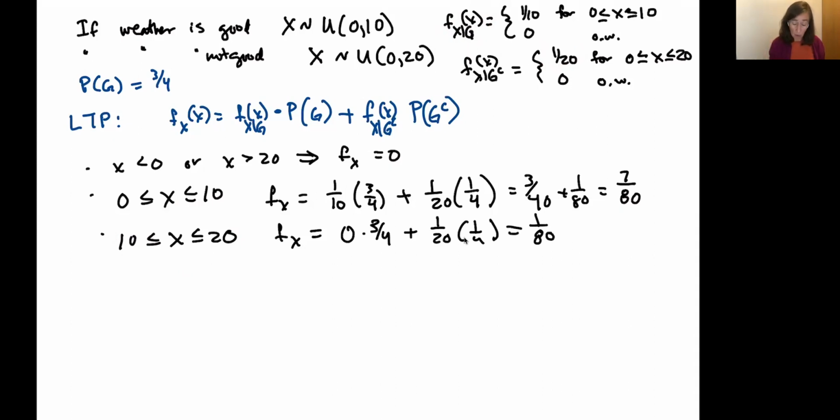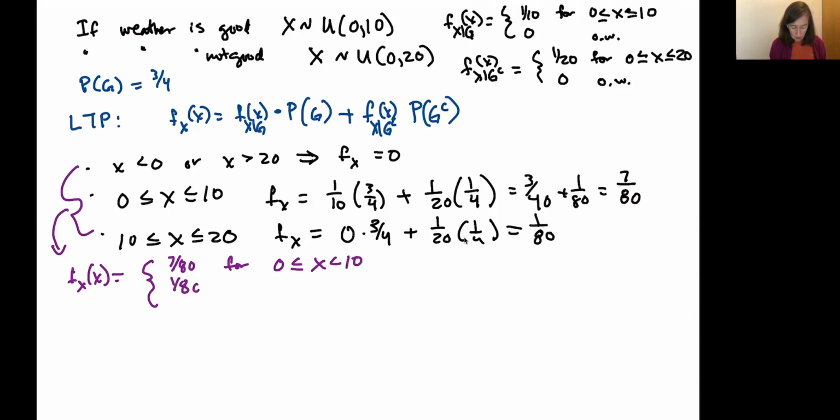Writing it the more normal way here, switching colors, my unconditional PDF, just summarizing what I just did, is 7/80 for X between 0 and 10, 1/80 for X between 10 and 20, and 0 otherwise.